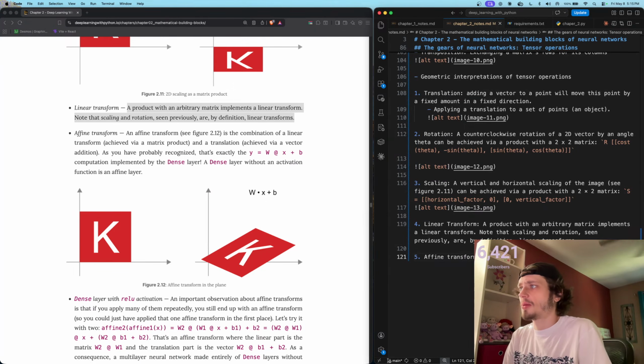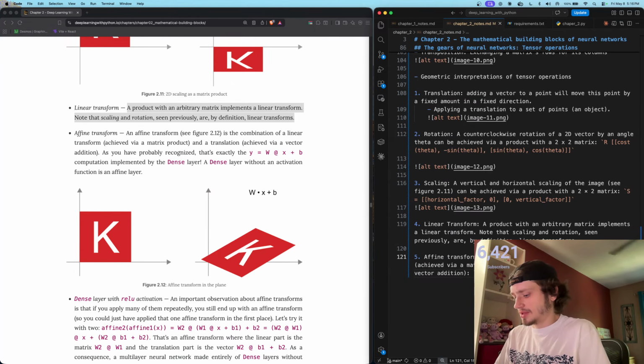An affine transform is the combination of a linear transform achieved via a matrix product and a translation achieved via vector addition. So that's going to be this guy here.